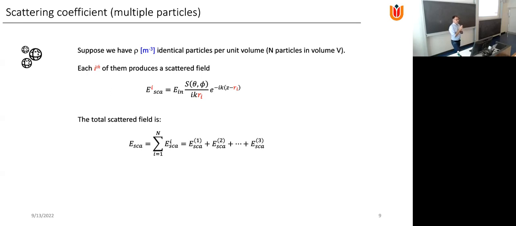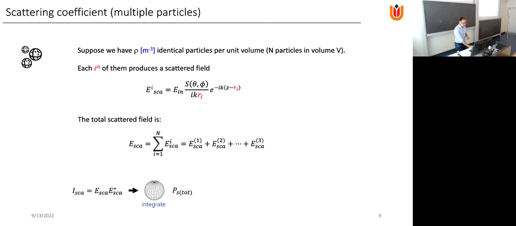The total scattered field is then simply the sum of the individual scattered fields, E1, E2, E3, etc. The total scattered intensity would then be found by taking this total scattered field sum and multiplying it with its complex conjugate. So even for this bunch of particles, we can find an expression for the collective scattered intensity.